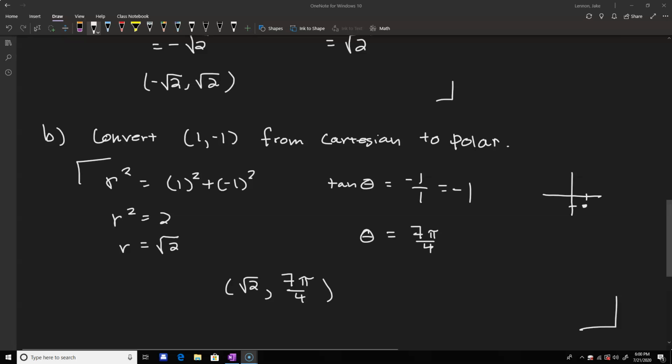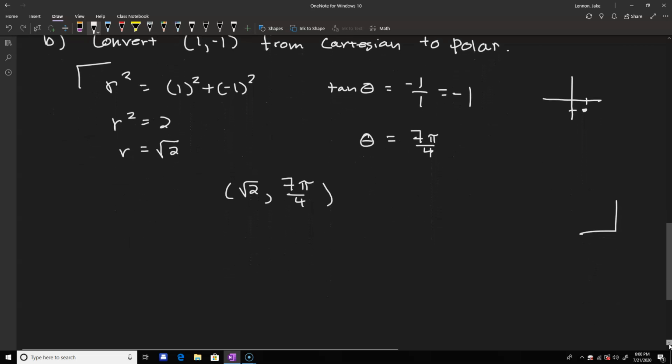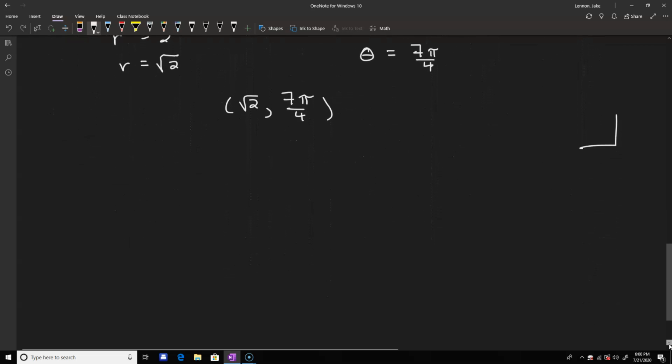Okay, so let's talk about some basic graphs. One nice thing about polar coordinates is some very simple equations produce some really interesting graphs that you don't see necessarily using rectangular coordinates. So again, our graphs are now going to involve the variables r and theta rather than x and y.